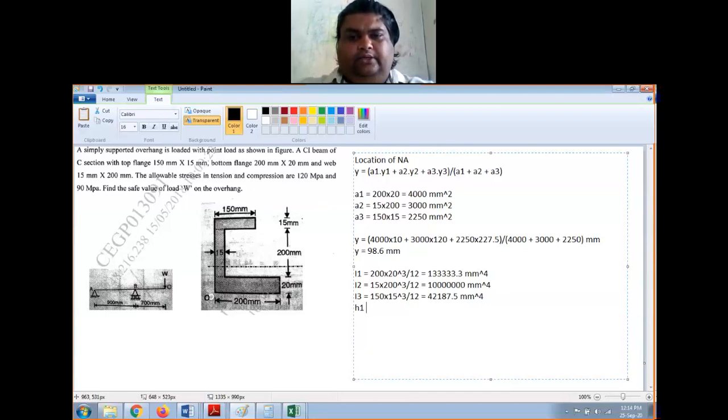H1 is the distance between G1 and the neutral axis, which we have to find. That will be Y minus 10. So it is 98.6 minus 10, and that is 88.6 mm.